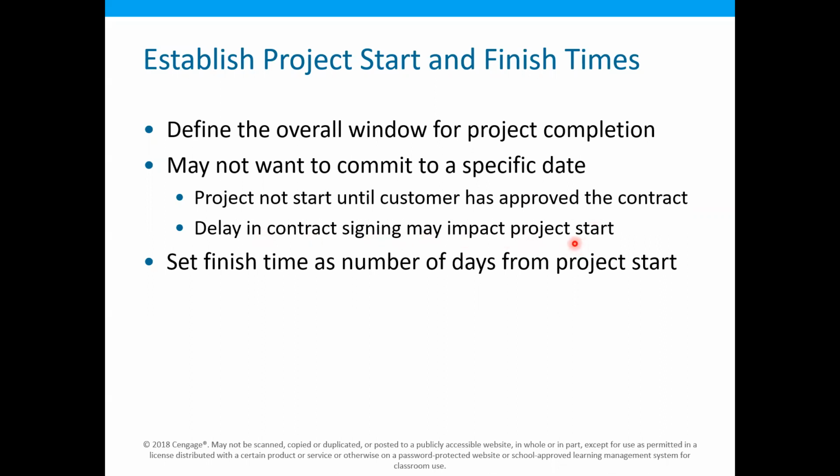So this is one of the reasons why contractors normally would not commit to a specific date until the contract has been signed, and set the finish time as a number of days from the project start. So this is how it goes.